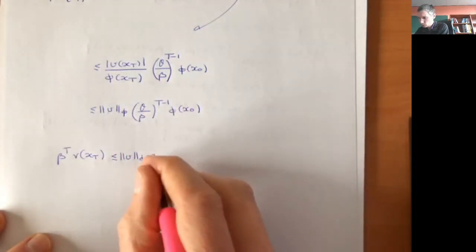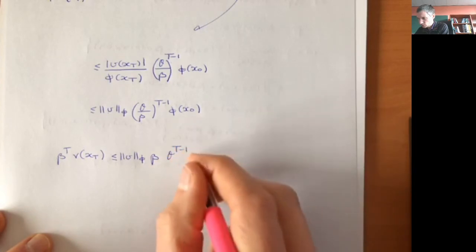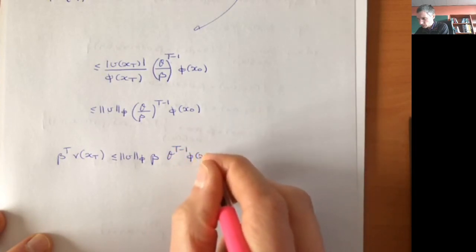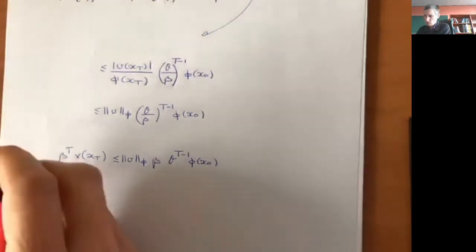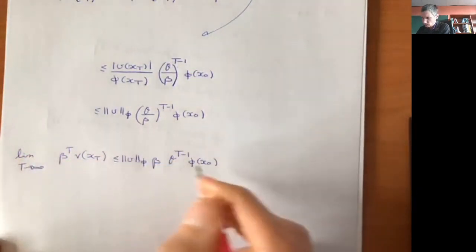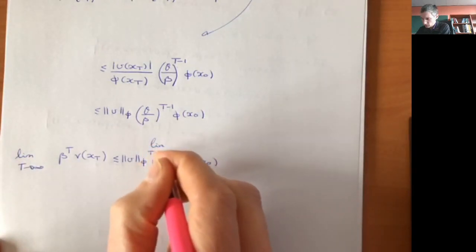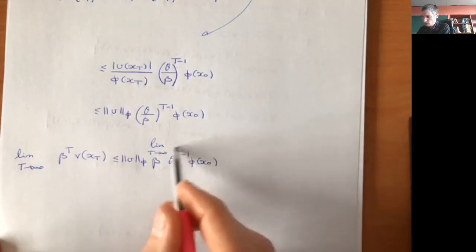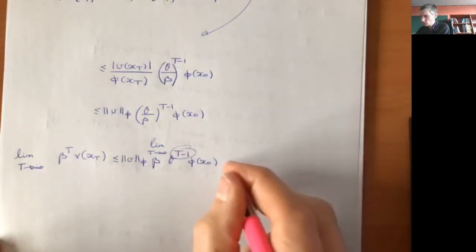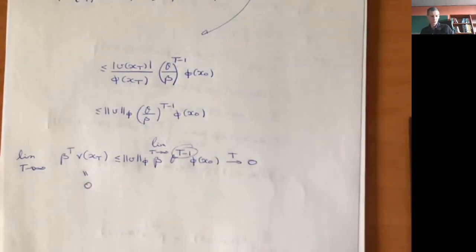So this will give me 1 beta, and then theta to the power t minus 1, then times phi x0. So if we take the limit t going to infinity, t is only here, theta is smaller than 1, so this will go to 0. So indeed here this limit is equal to 0.